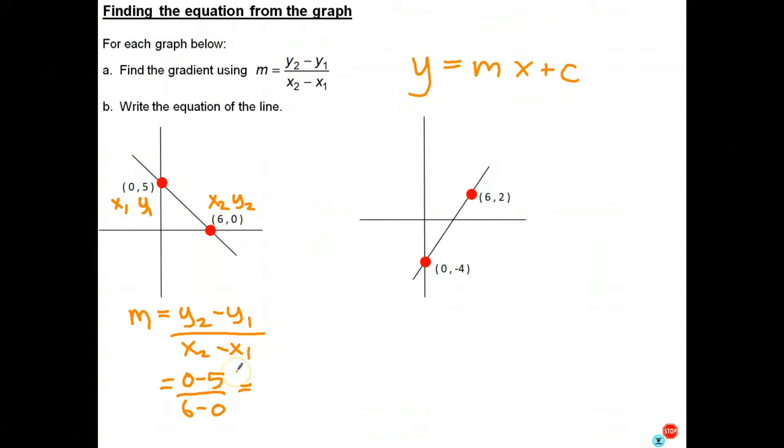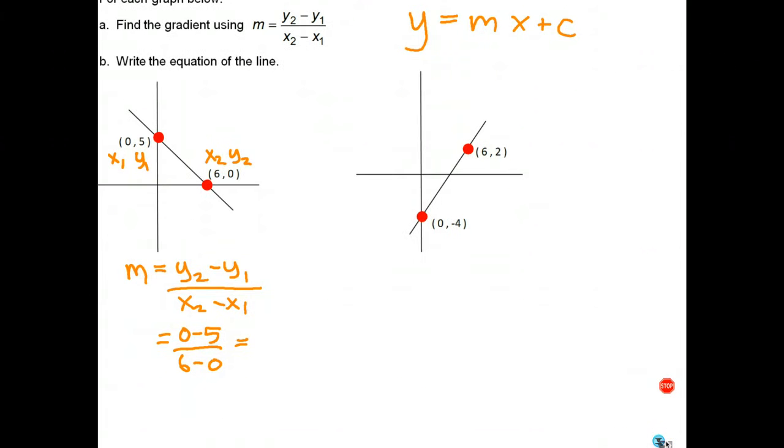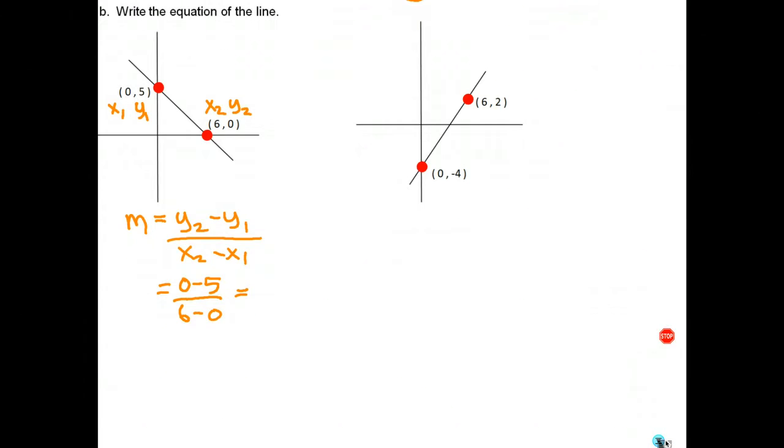And I might just have to scroll down a bit, give myself a bit more space. Okay, that should work fine. And 0 take 5 is negative 5. 6 take 0 is 6. And we've worked out that the gradient is negative 5 on 6.